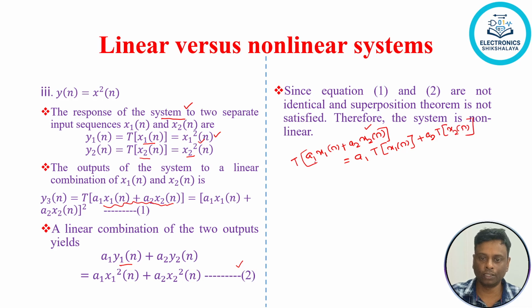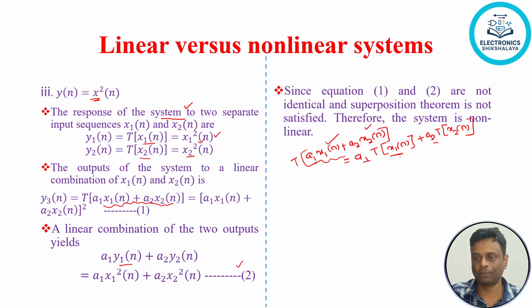So how to calculate this? Simply, you replace x by this whole thing, a1 x1 of n plus a2 x2 of n. In the other case, we replace x with x1 of n first, then x2 of n, and then multiply by a1 and a2.